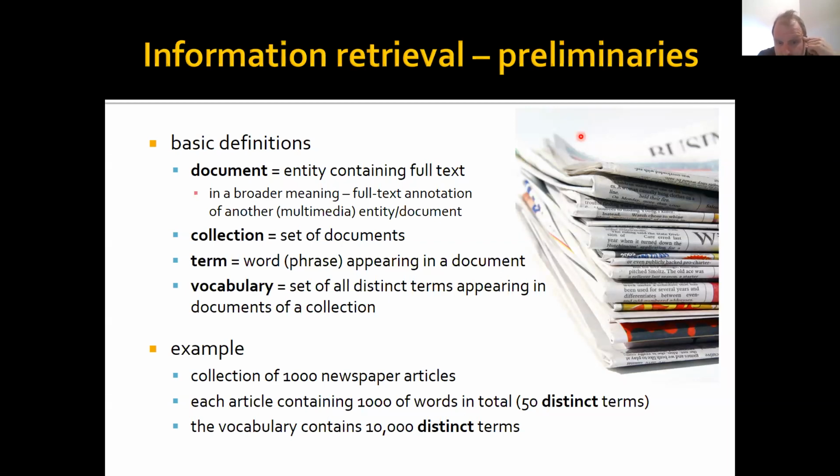If we take a larger collection, for example, 10,000 or 100,000 newspaper articles, we could get a vocabulary of, for example, 100,000 distinct terms, and this is the scale of vocabulary for natural language. So there is a maximum. We cannot get a much higher number than the number of words in natural language.